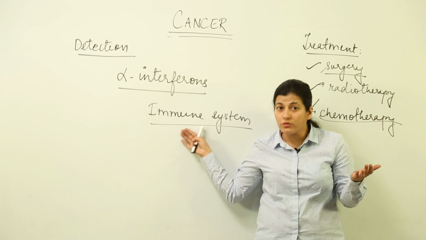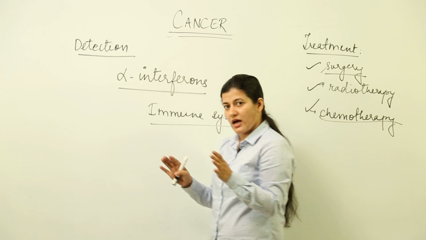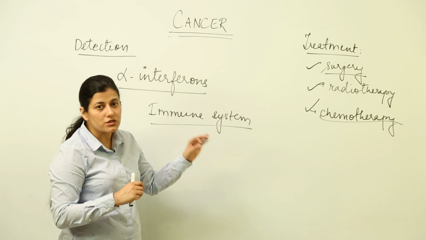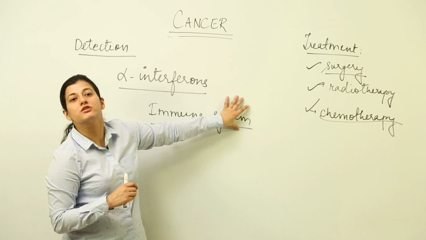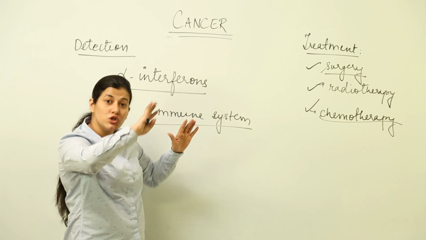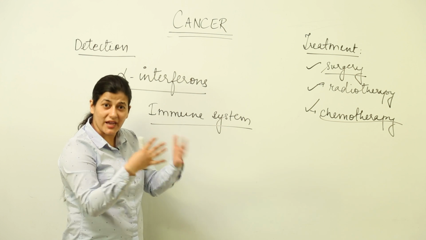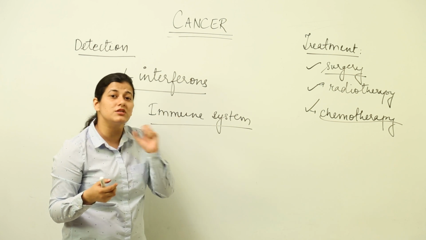Now, the immune system itself is compromised by the cancer cells. You might be asked why the immune system is not able to detect the cancerous growth of cells in the beginning itself and get rid of it. Instead, when it becomes so lethal, or it almost overtakes the entire system, it comes into the scenario then.